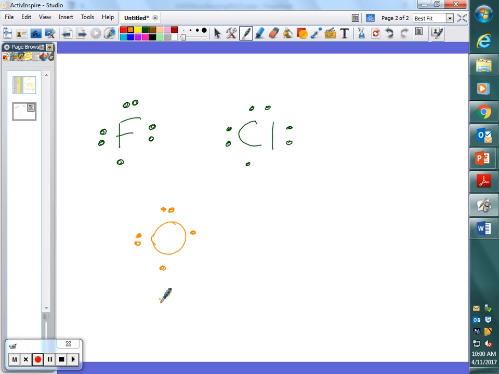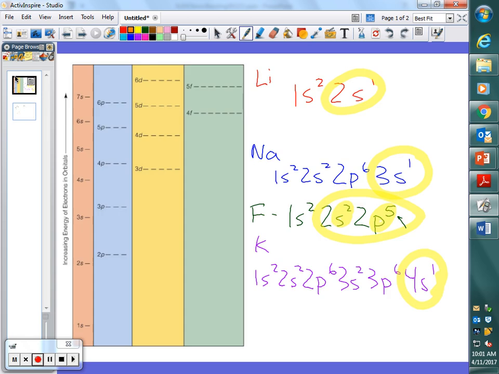Then the last Lewis structure that you have on your outline is neon. Where is neon in relation to fluorine? One to the right. So how many total electrons does it have? 10. So it has 1 more than fluorine, but that 1 more is going to go right here. The 2p orbitals that fluorine has aren't full.